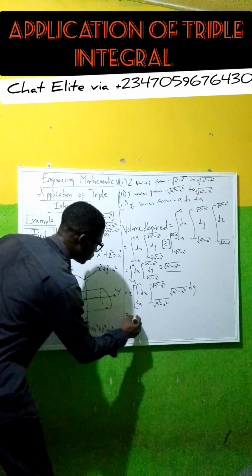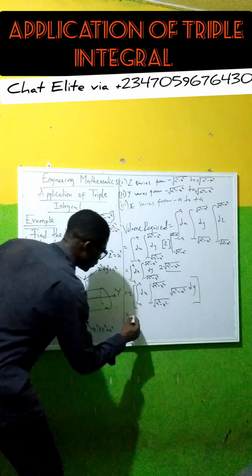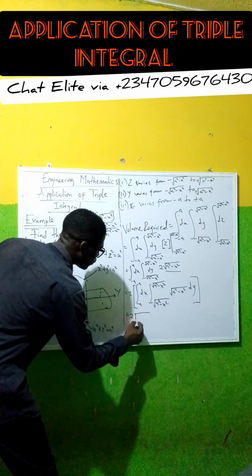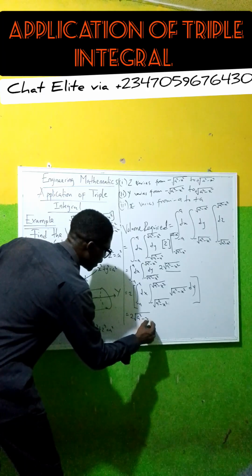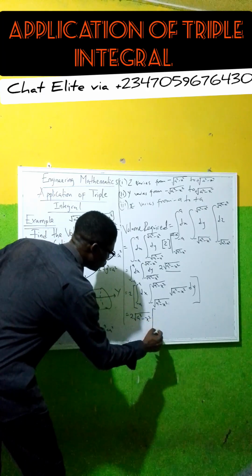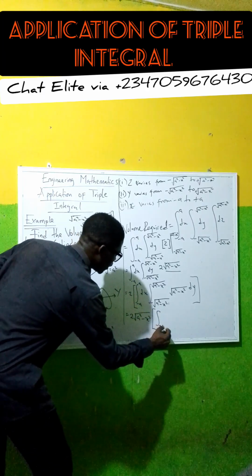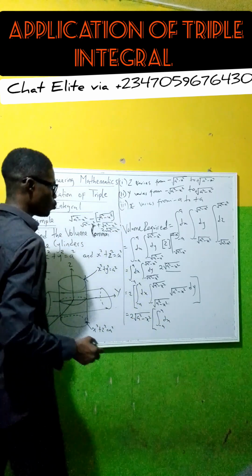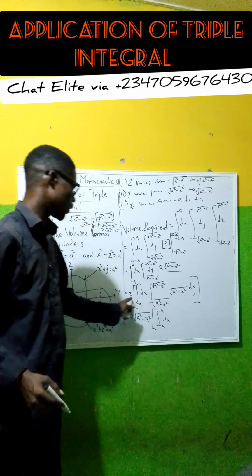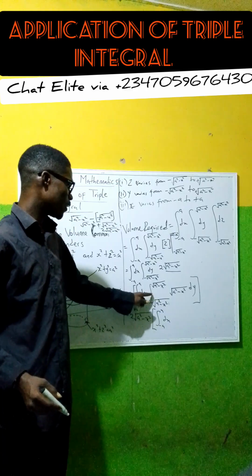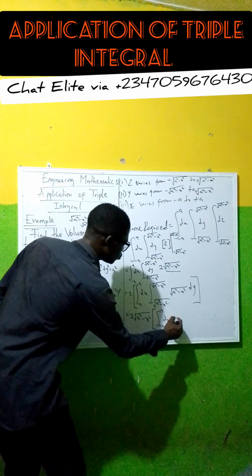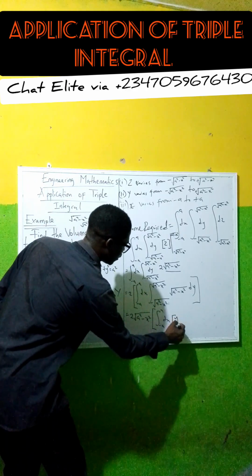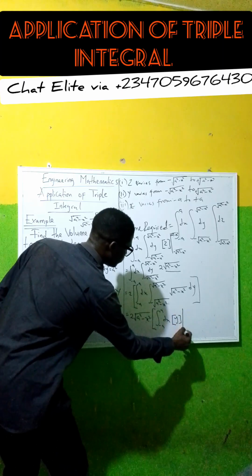So we're having 2 square root of a squared minus s squared into integral from minus a to a, then dx. So I have brought this guy outside. It remained the y here. If I integrate this one, it's going to remain y.